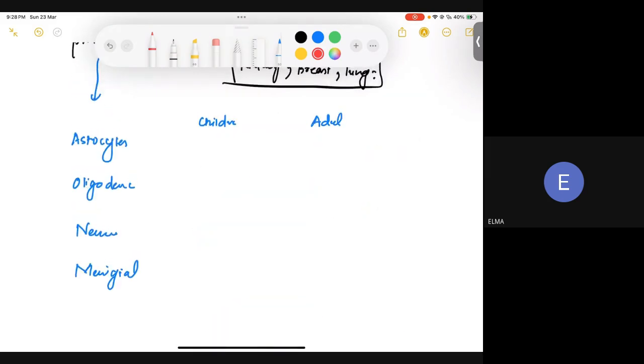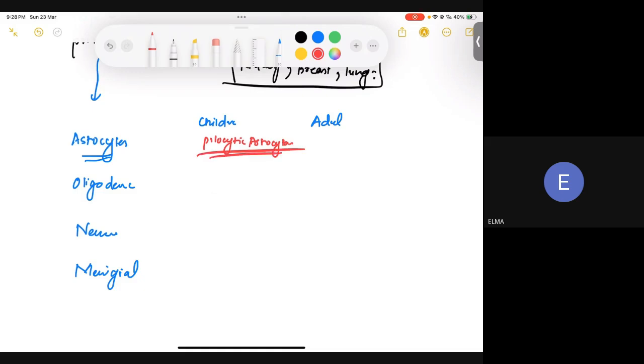Okay, so astrocyte tumors can occur in both children and adults, right? The primary tumors due to proliferation of your astrocytes which occur in children are known as pilocytic astrocytoma, right?